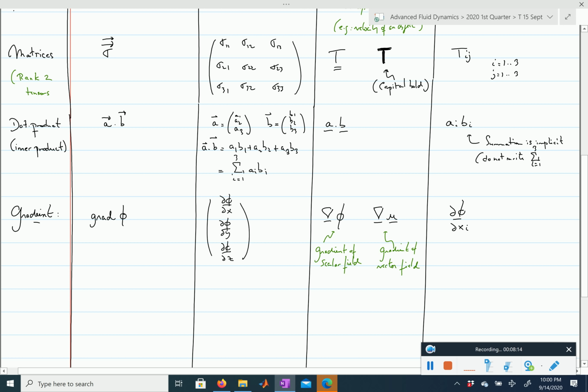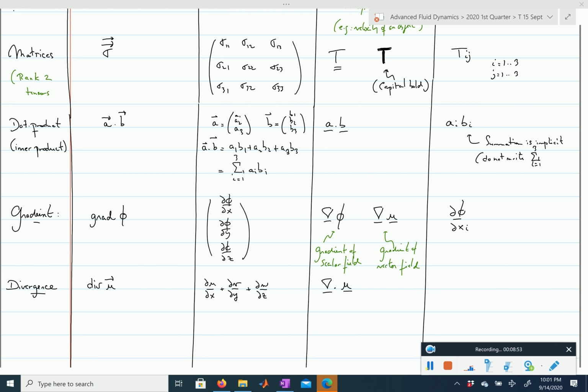You also have the divergence, which in mathematics you may have seen as div of a vector. In full notation, that will correspond to the number partial u partial x plus partial v partial y plus partial w partial z. In the class notes, I will also use the nabla notation, and you write the divergence of u as nabla dot u, and it's very important not to forget the dot. This is how we write divergence.